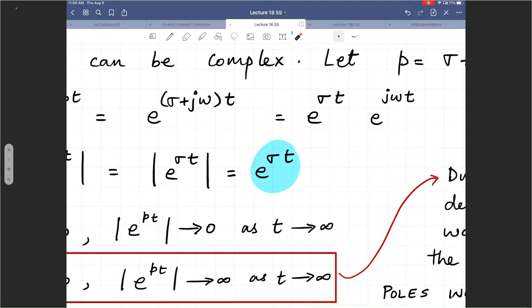That is stable behavior. But on the other hand, when sigma is positive, what is going to happen? As time increases, e to the sigma t actually grows exponentially. That is unstable behavior. That is a growing exponential.